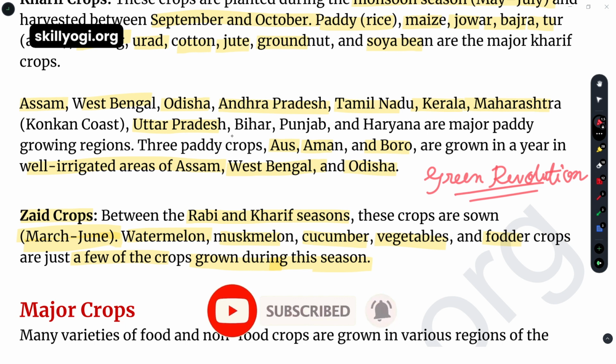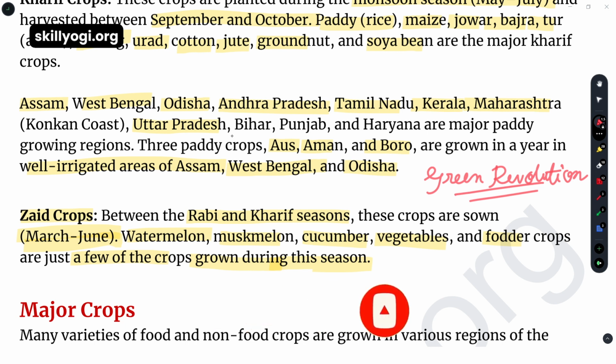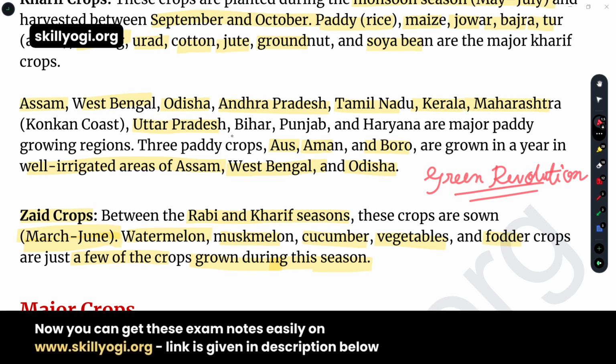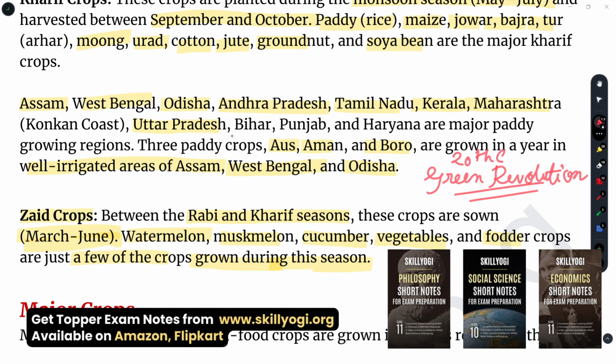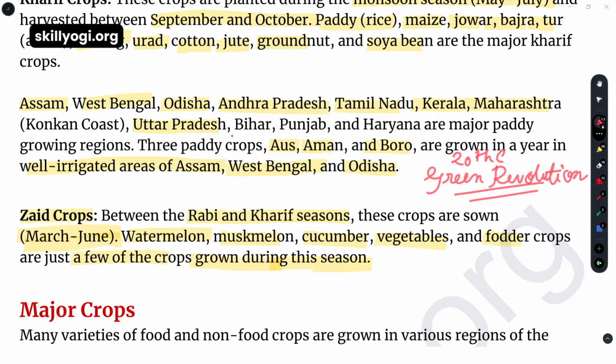So, the green revolution or the third agricultural revolution was basically a period of technology transfer initiatives that saw greatly increased crop yields. The changes in agriculture began in developed countries in the early 20th century and spread globally till the 1980s.